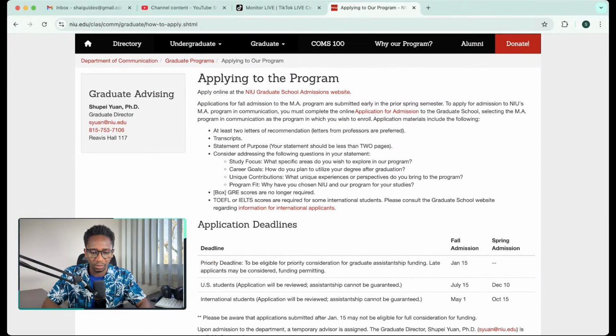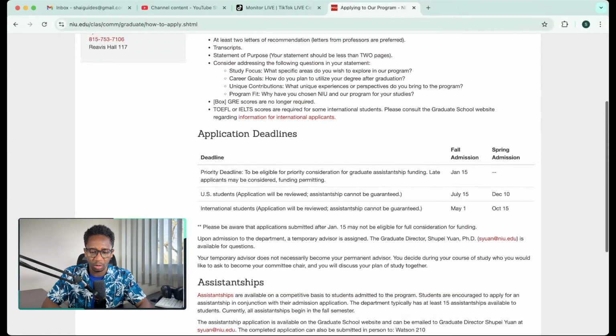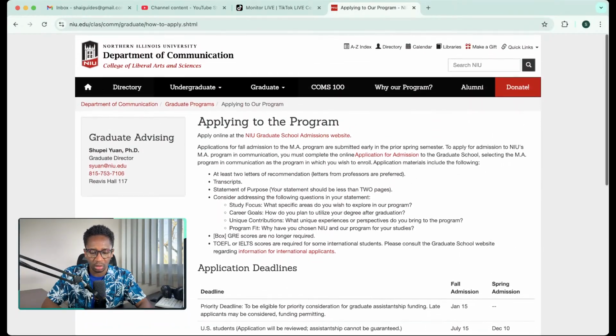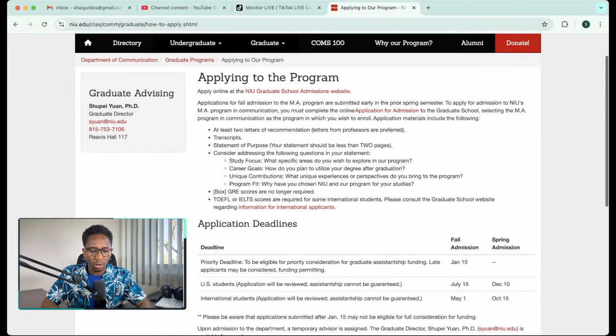So it's kind of difficult to tell, but once you see the minimum requirement for the graduate school, it's more likely that most of the programs can consider you if you have a GPA of 2.75, right? So GRE is not required. TOEFL is only required for some students. So yeah, we can start.